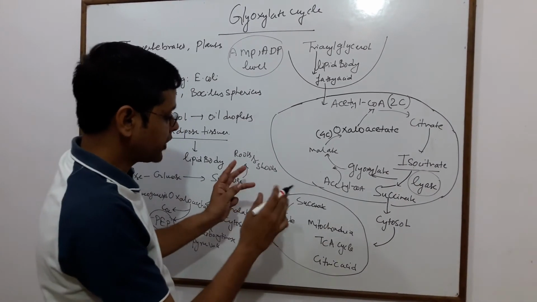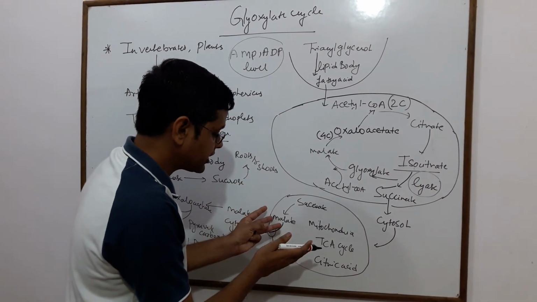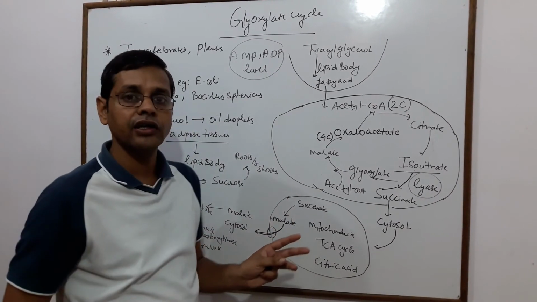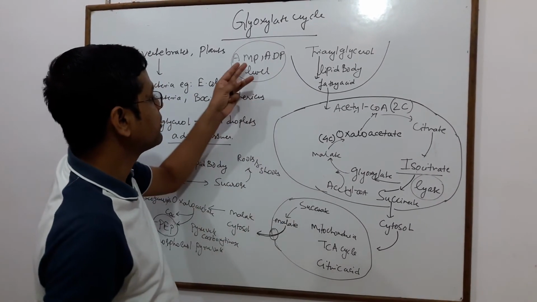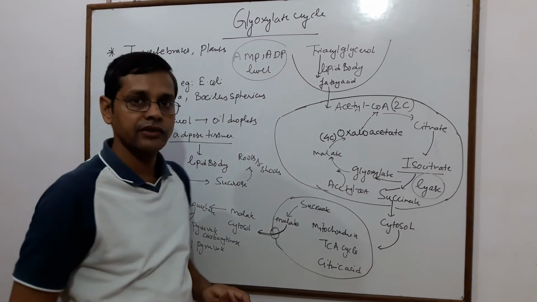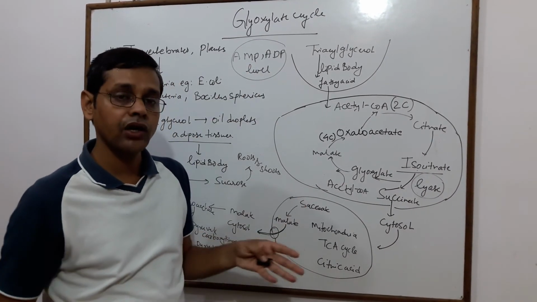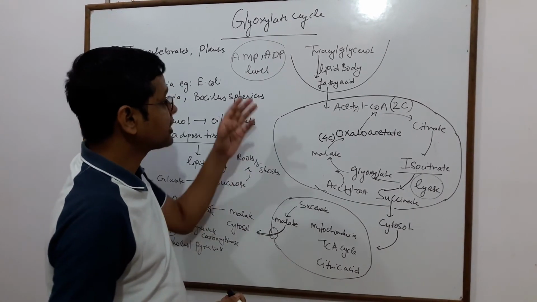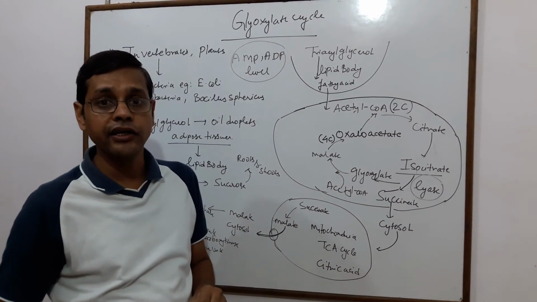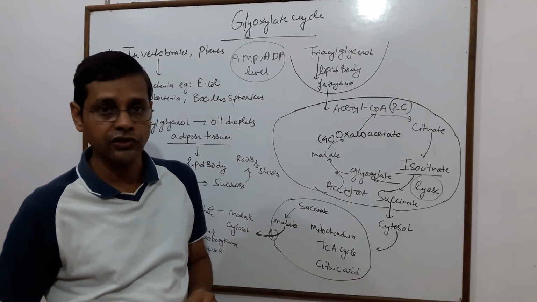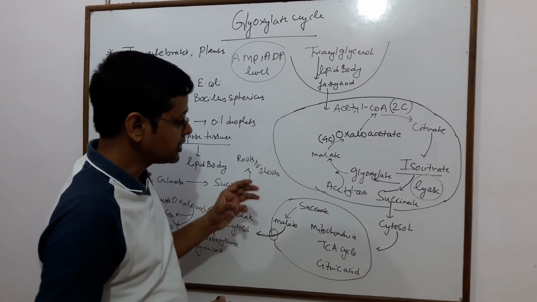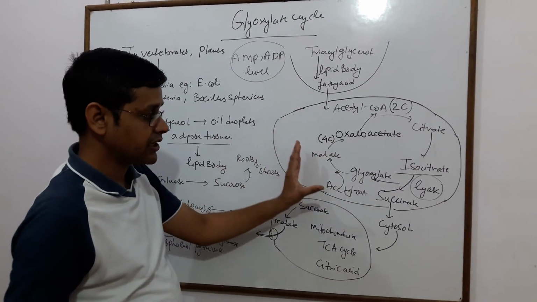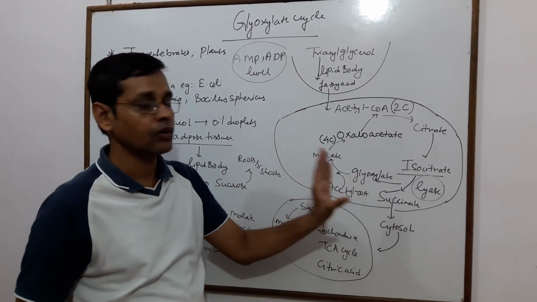So when these intermediates of the citric acid cycle and AMP and ADP levels are all accumulated, then it clearly indicates the energy depletion stage. So at this stage, this glyoxylate cycle usually occurs, okay.